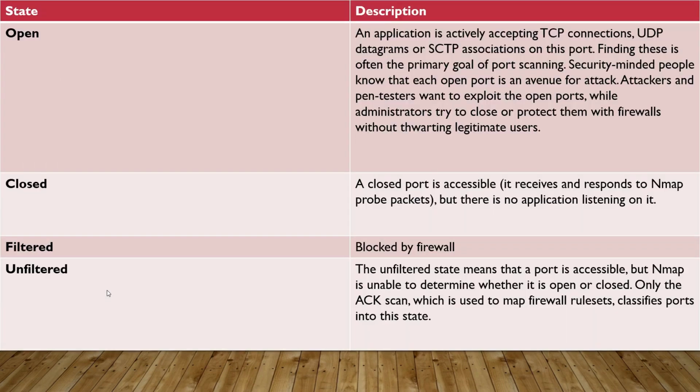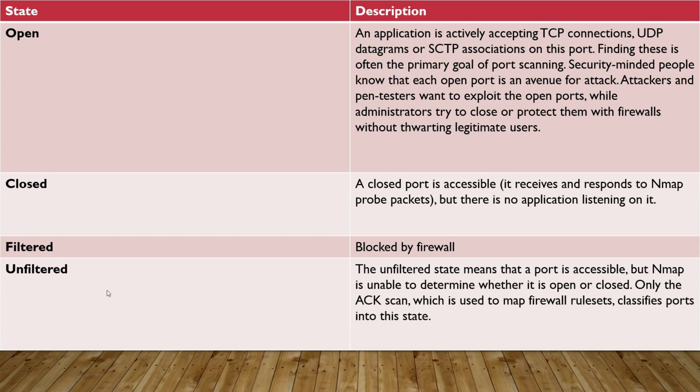So the 4 states, which I will start with, that you need to have a good understanding of are the following, and that is the state of open. Whenever you see that a state is written as open in Nmap, one of the things you need to remember is that it is accepting connection requests.